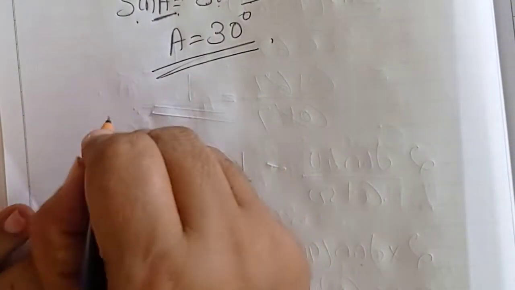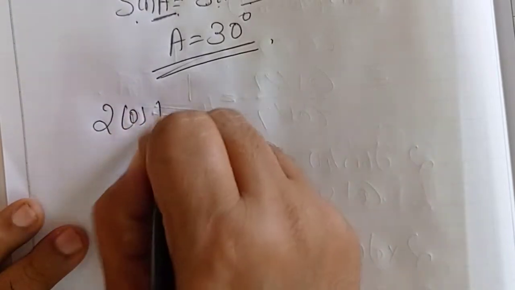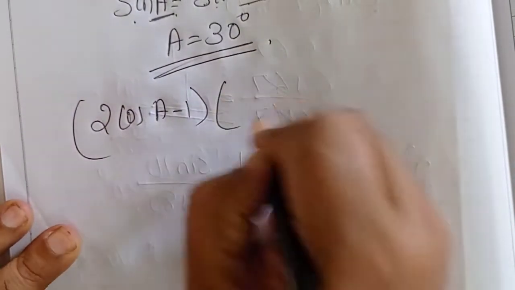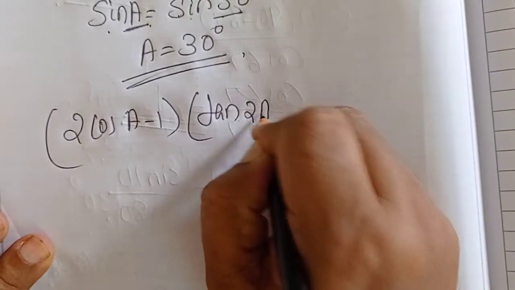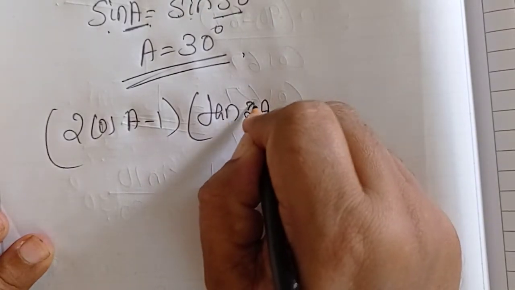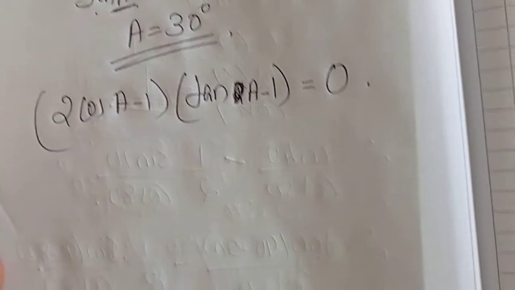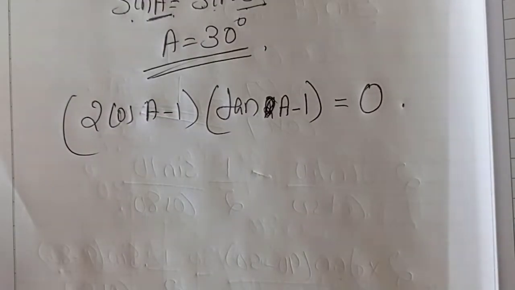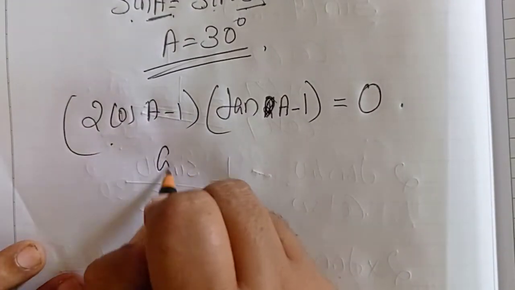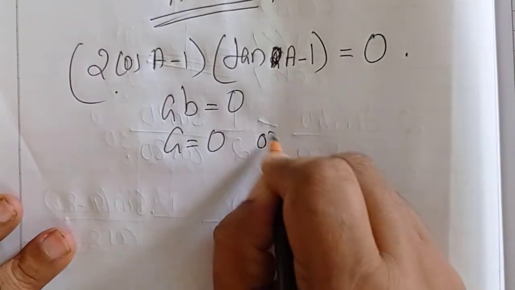Okay, then write one other question: (2 cos A minus 1)(tan A minus 1) equal to 0. How can you find this angle? First, AB equal to 0 means either A equal to 0 or B equal to 0.